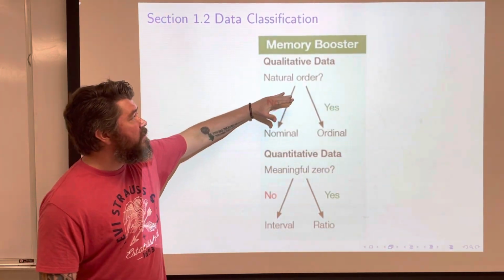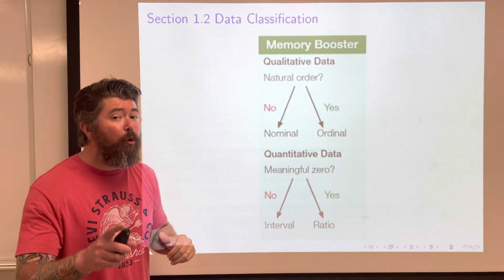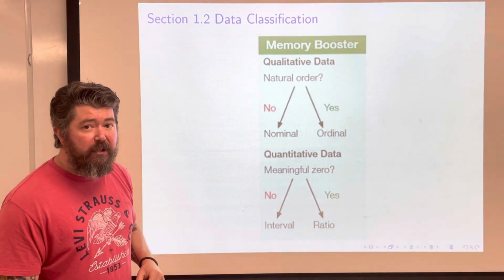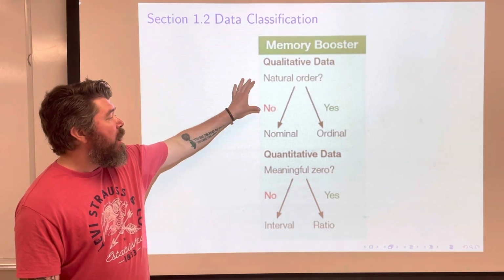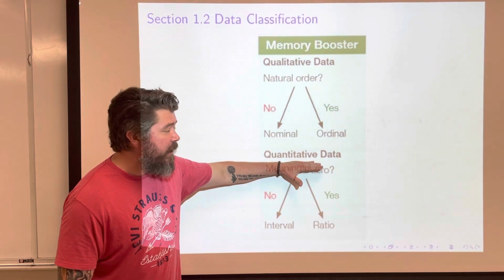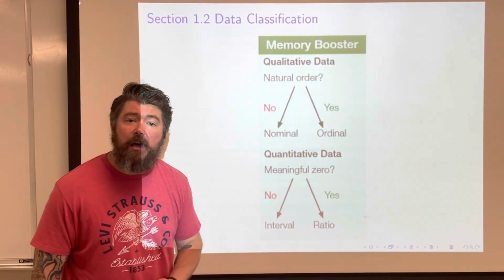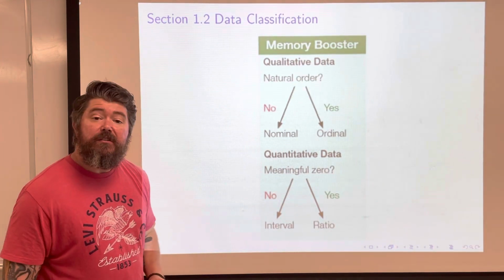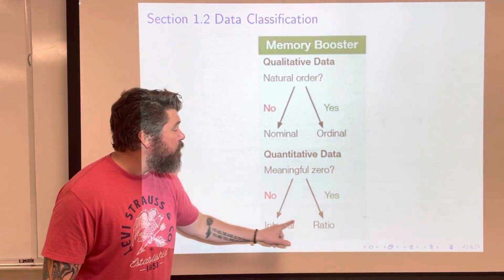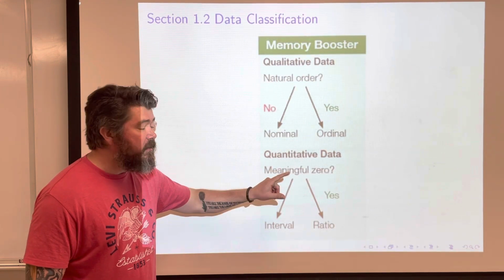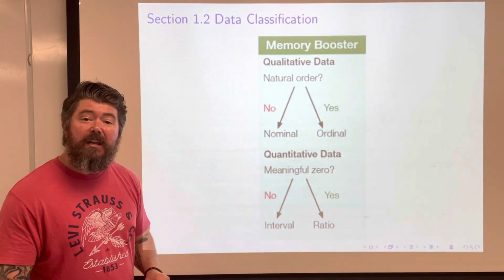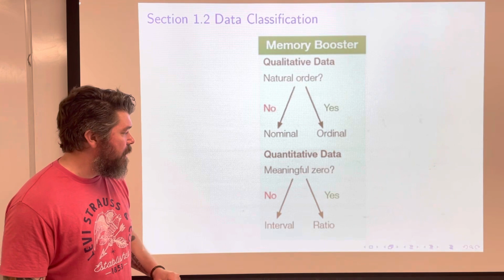And we ask ourselves, is there a natural or meaningful order to these data? If our data is quantitative, then we can be at the interval or ratio level of measurement. To distinguish between the two, we ask ourselves, is there a meaningful 0? Is there an absence of something?